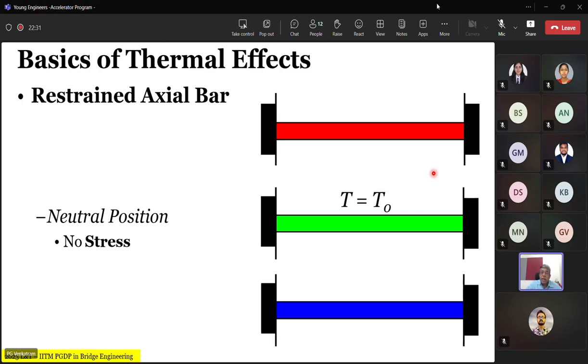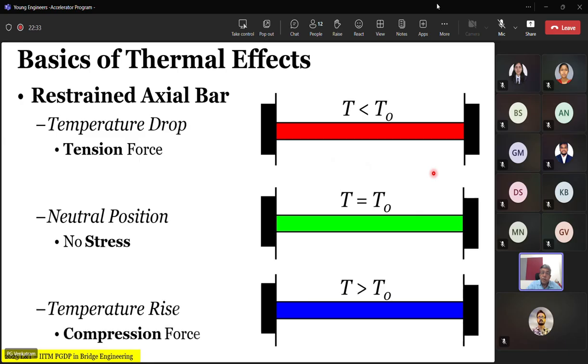Due to the restraint at the ends, a tension force develops in the axial bar. And when the temperature T grows greater than T naught, a compression force appears in the bar.